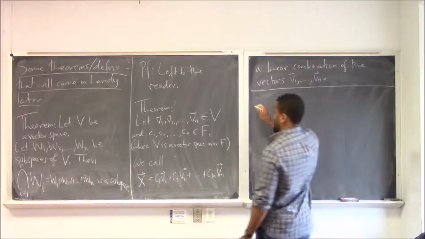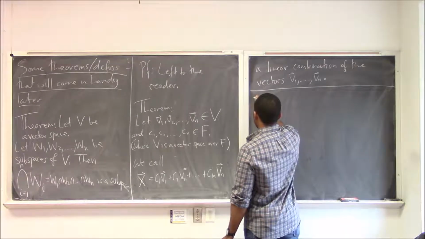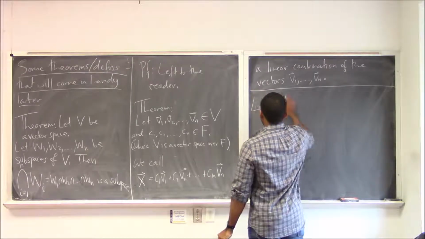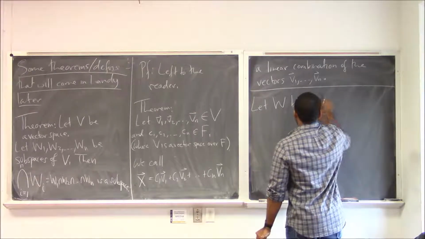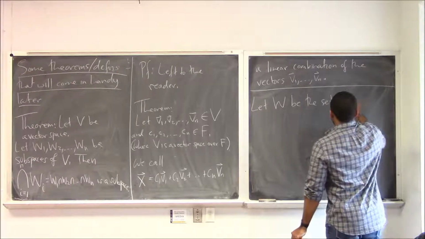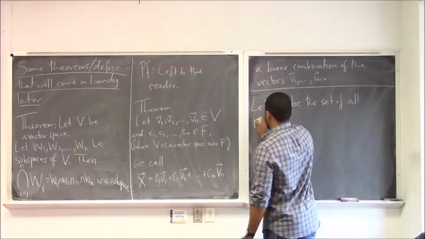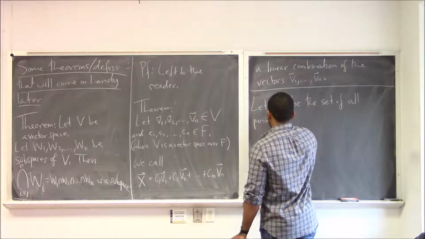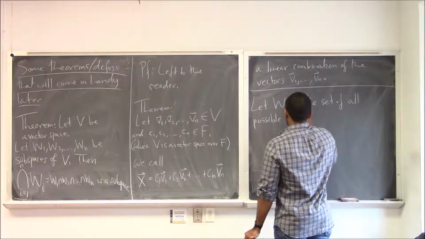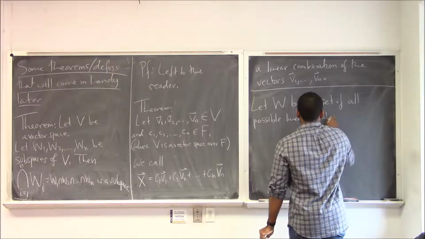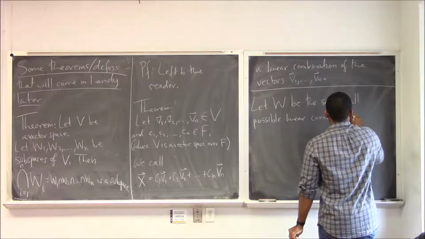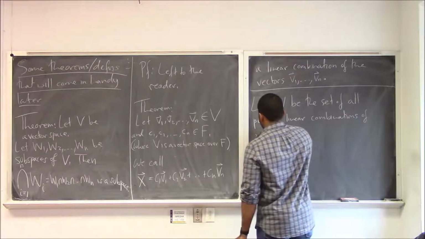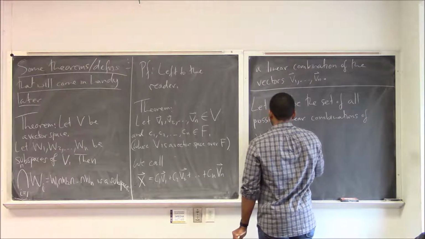And by the way, let W be the set of all possible linear combinations of v1 to vn.